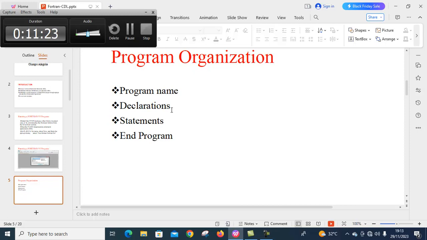Let's take for example, you are asked to calculate area of a circle. And when you are talking about calculating an area of a circle, you talk about a parameter pi, which is equal to 3.14159.